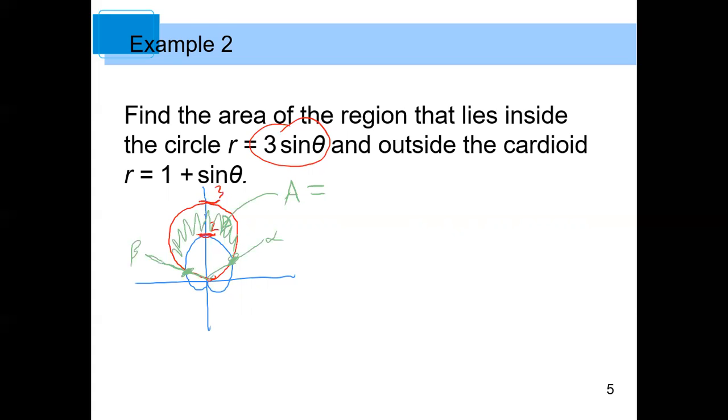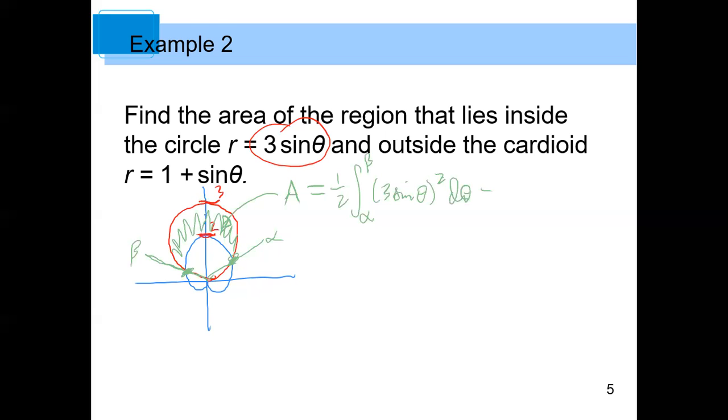It's going to be the outside circular region minus the inside cardioid region, correct? So isn't that going to be 1/2 integral from alpha to beta of r squared? The outside thing is the circle, so it would be 3 sine theta squared d theta.